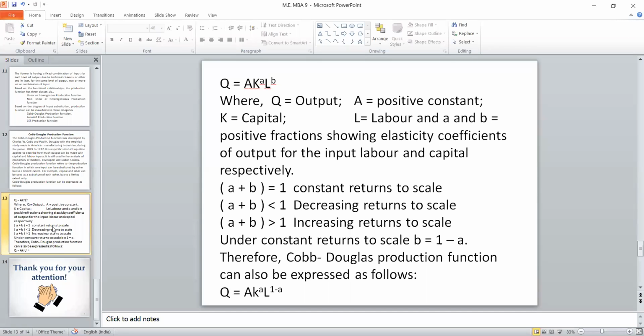Here b we termed as constant. Suppose it is under constant returns to scale, b is nothing but 1 minus a. So we change the equation as Q = A × K^a × L^(1-a).